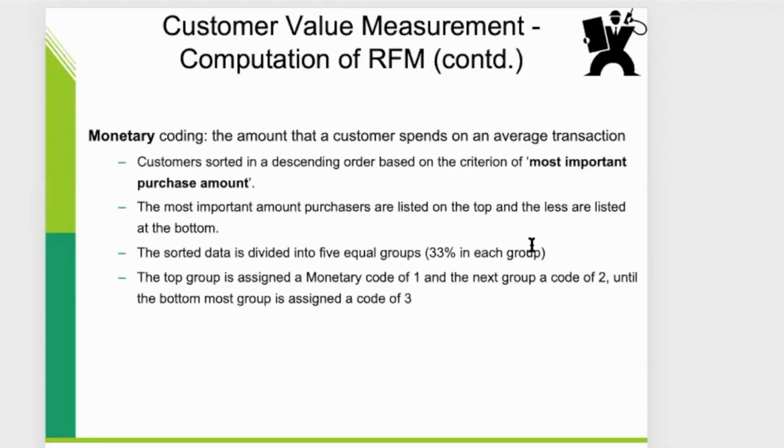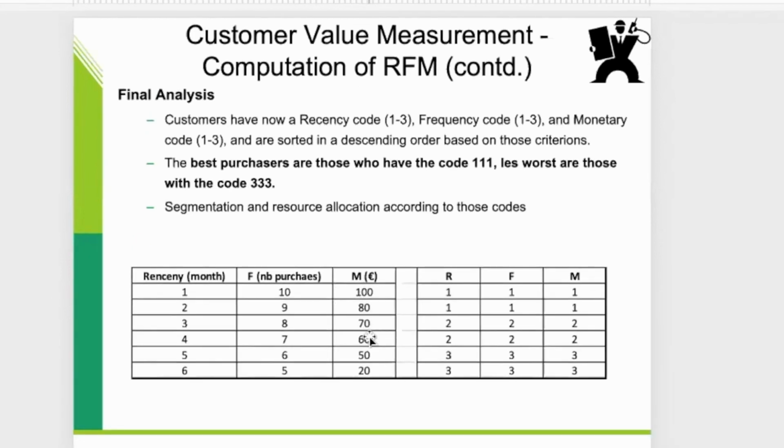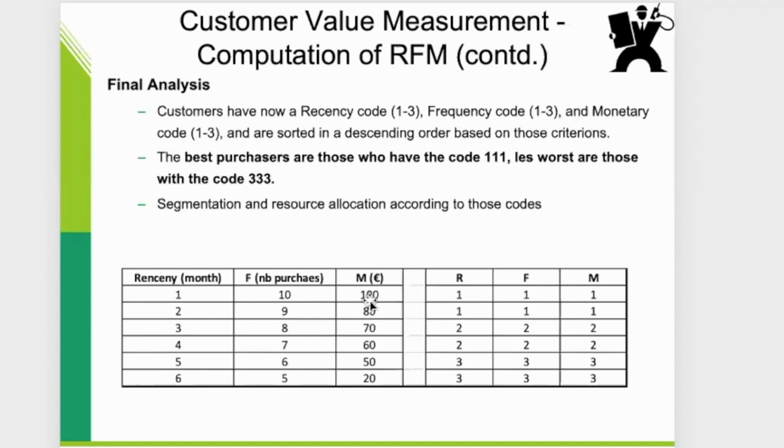I divide again into 3 groups, and I give a score of 1, 2, and 3 according to the quality. So again, you have 2 customers who spent 180 euros, 2 customers 70 and 60 euros, and 2 customers between 50 and 20 euros, which means that I assign a score to these 3 groups.